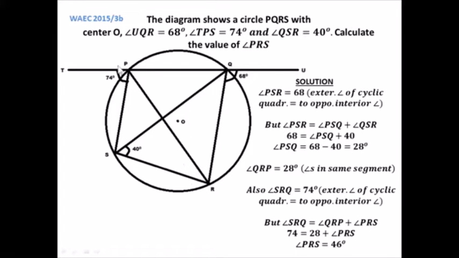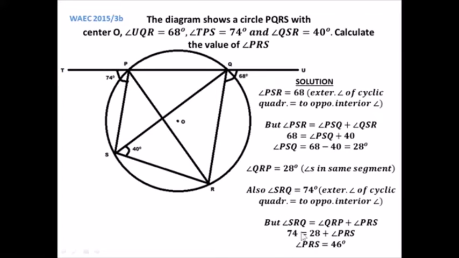If you look at this exterior angle of this cyclic quadrilateral, this 74 degrees is equal to the opposite interior angle, the total angle that is here. And we have already gotten this angle as 28 degrees. So if you remove 28 degrees from the total, that will give us the angle we are looking for, this PRS.